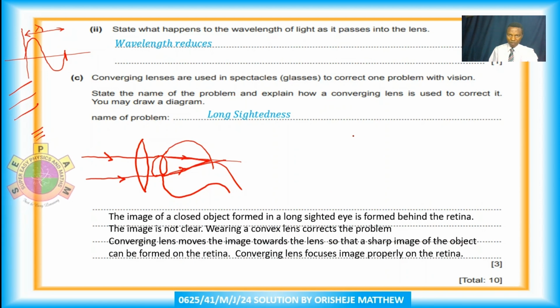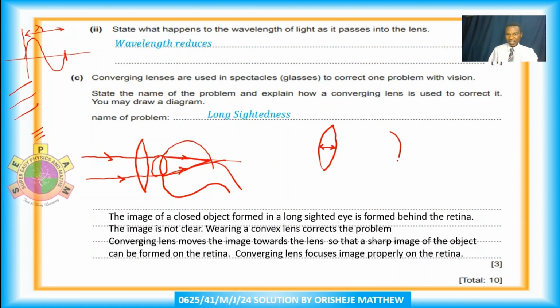Now quickly, let me explain a mnemonic that helps you remember how to correct long-sightedness, hypermetropia, and short-sightedness. Now a convex lens, if you look at it, the middle is long, so this one will correct long-sightedness.